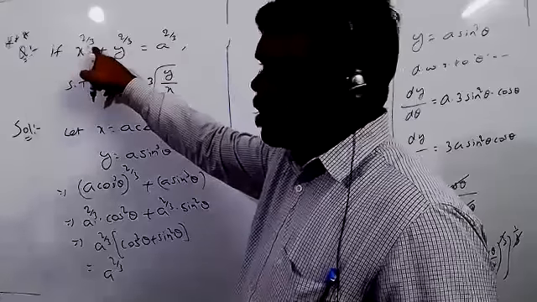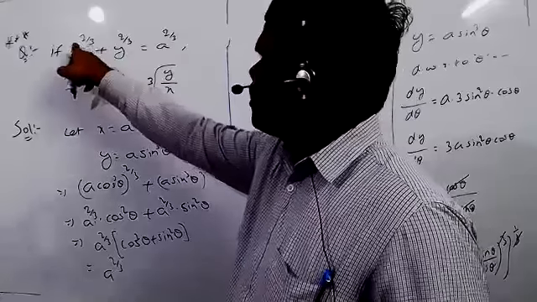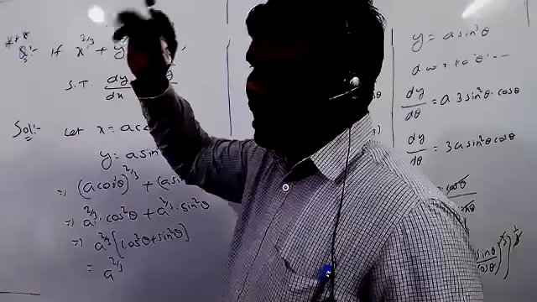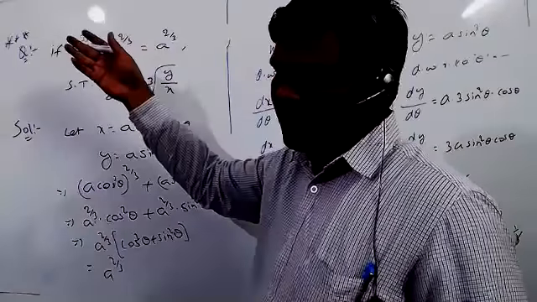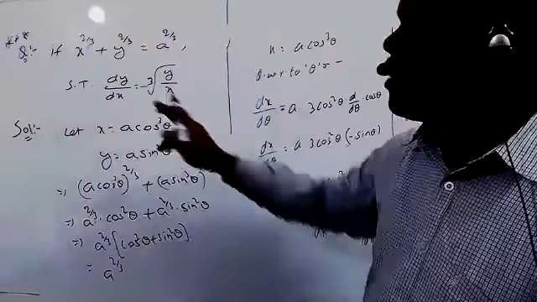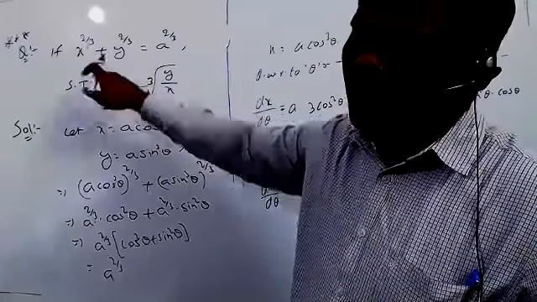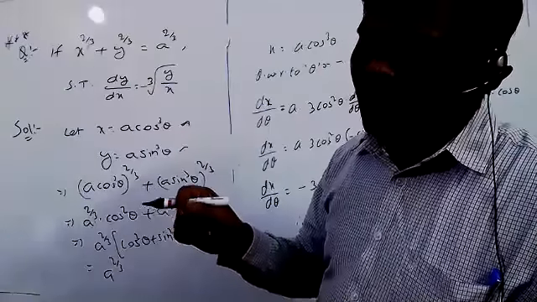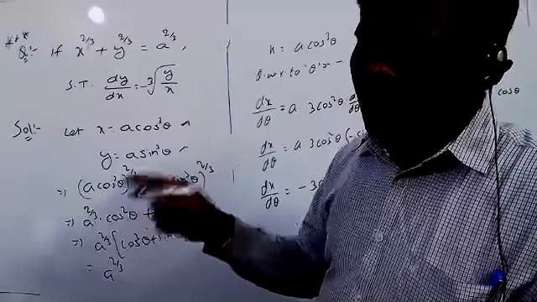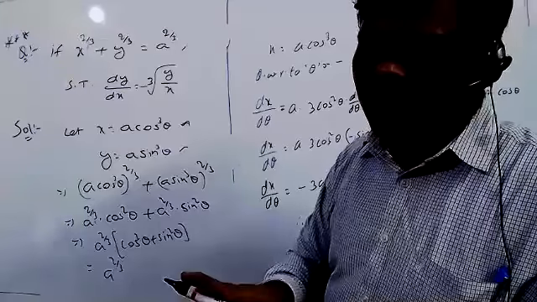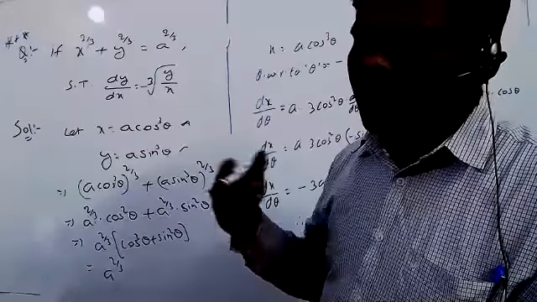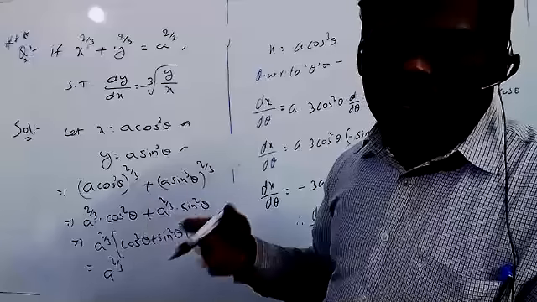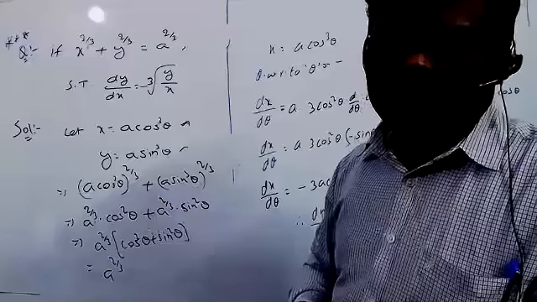Taking the whole cube means the 3 gets cancelled. But we should get any one trigonometric function squared, and we have to get one, and between them there is a plus. So the only possibility is sin square theta plus cos square theta equal to 1. That is the only possibility. Taking tan cube, cot cube, secant cube and cosecant cube is not possible.